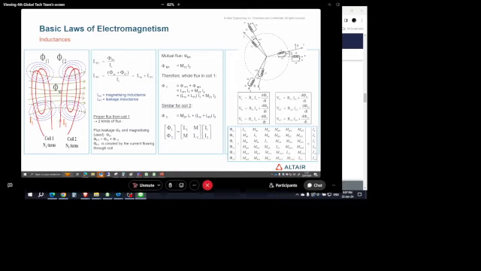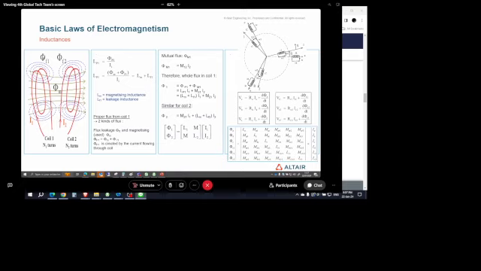Okay, so if we supply coil 1 and coil 2, we can easily create two equations depending on the mutuals and the self-inductance of each coil.